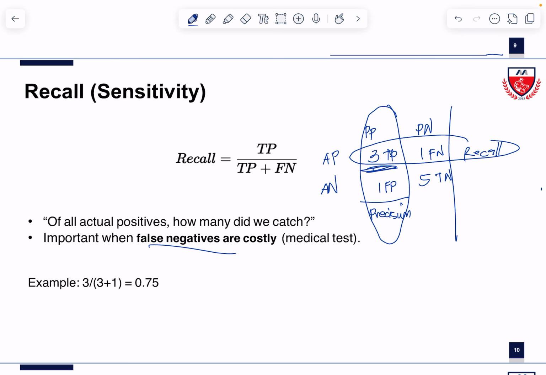This is very important when false negatives are very costly. Kasi nga, class, this patient has a cancer, but he or she was predicted healthy. False negative siya. So 75% is our recall in this case.